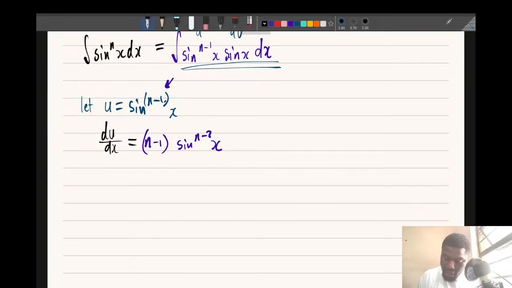It's sine to the n of x, and it'll be equal to uv, where u is going to be sine to the n minus 1 of x.